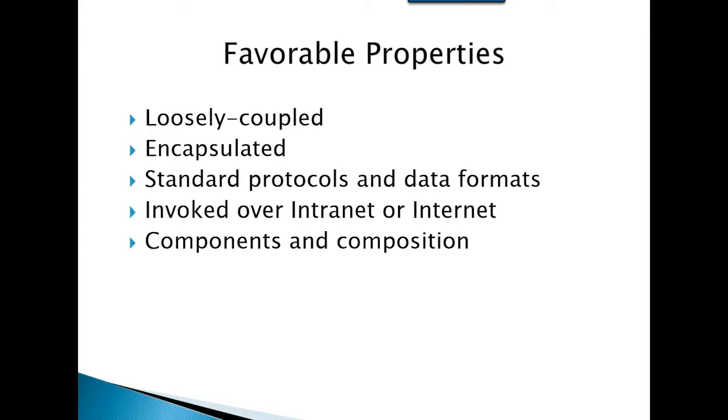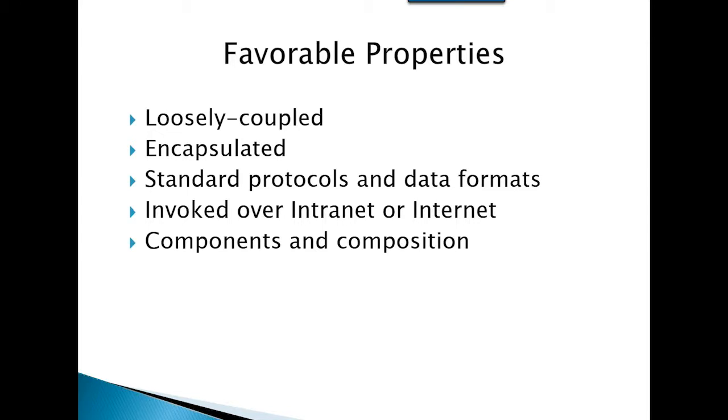We're invoking all this over the biggest network in the world, the internet or your intranet, using standard technologies, and we're able to compose functionality from different business applications and programs and mash them all up together so that we can reuse their functionality.